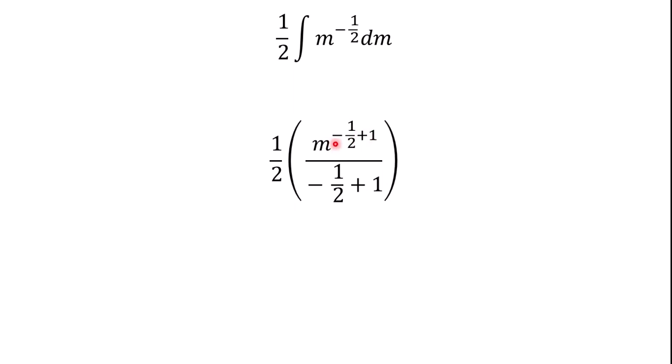So here will give us m raised to the power positive half. The same thing applies here: 2 by 1 will give us 2, and minus 1 plus 2 will give us half. So we are going to get m raised to the power 1 over 2, divided by 1 over 2. Okay, so let's write.